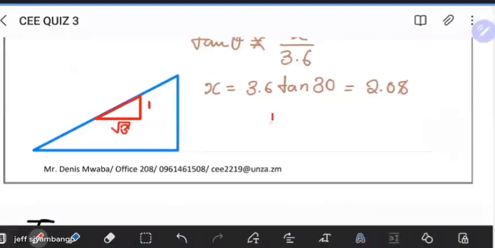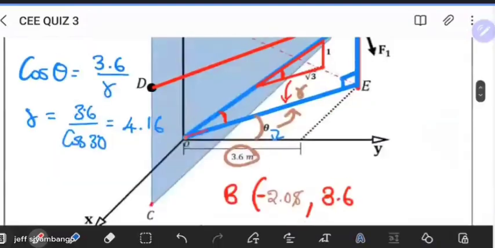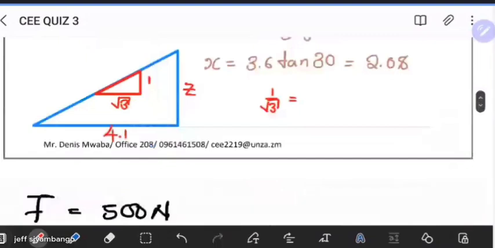So I have 1 over √3. This must be equal to this vertical part, which is what I'm looking for. Let me label it Z. I'm just from finding the bottom line here, which is 4.16.